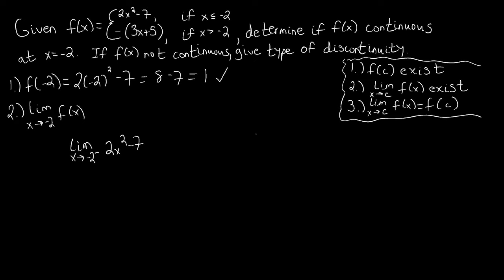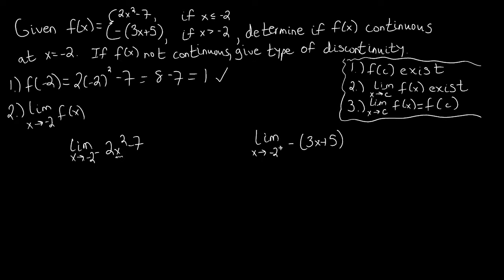And if we're looking at the limit as x approaches -2 from the right, we're going to need to deal with the piece of negative times the expression 3x plus 5. So we're going to analyze the behavior of these functions as x approaches -2 from the left on this piece, and as x approaches -2 from the right on this function. Okay, let's start with approaching from the left. Let's see what happens as we approach -2 from the left.